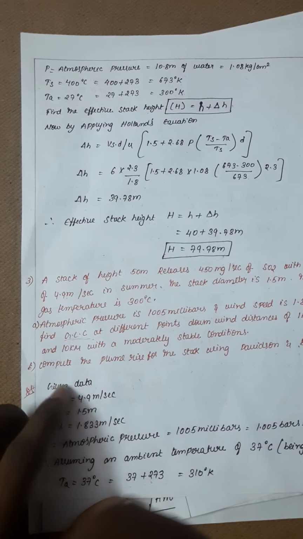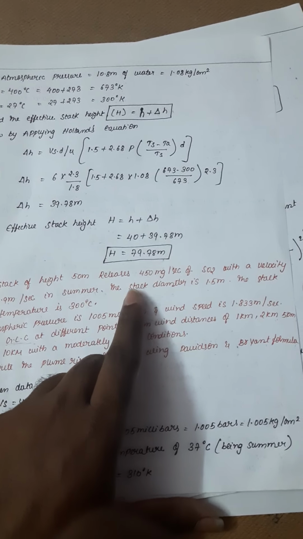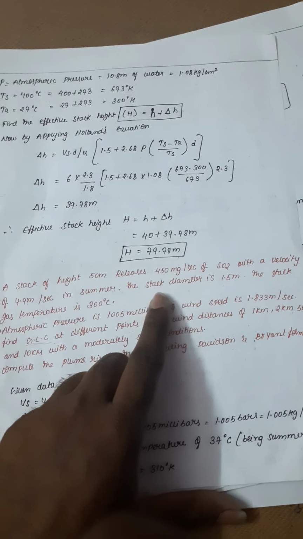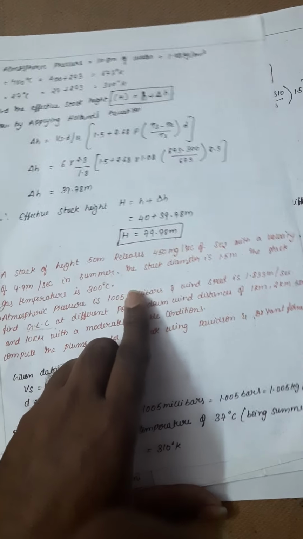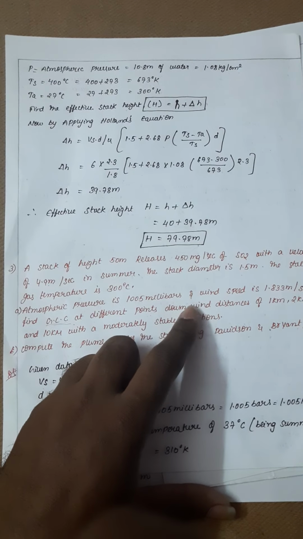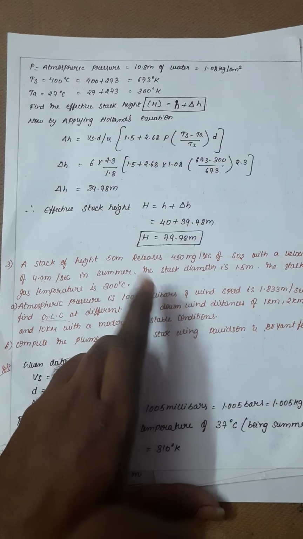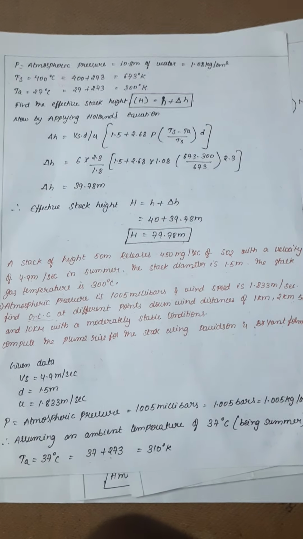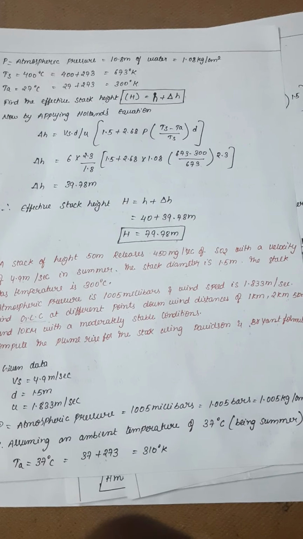Now the third problem. A stack of height 15 meters releases 450 meter per second of SO2, velocity of 4.9, in the summer, and the stack diameter is 1.5 with a stack gas temperature of 300, atmospheric pressure of 1005 millibar, at a wind speed of 1.833.